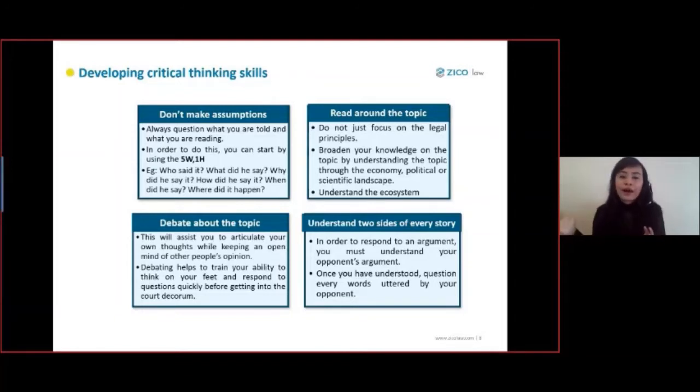You need to know why she said that. You can't just rebut and not listen to them, because then it's a failure on your part to rebut his point. So you have to understand each word given by your opponent. And if you want to go a step deeper, one tip I can give you is that you have to check all the sources given or uttered by your opponent.